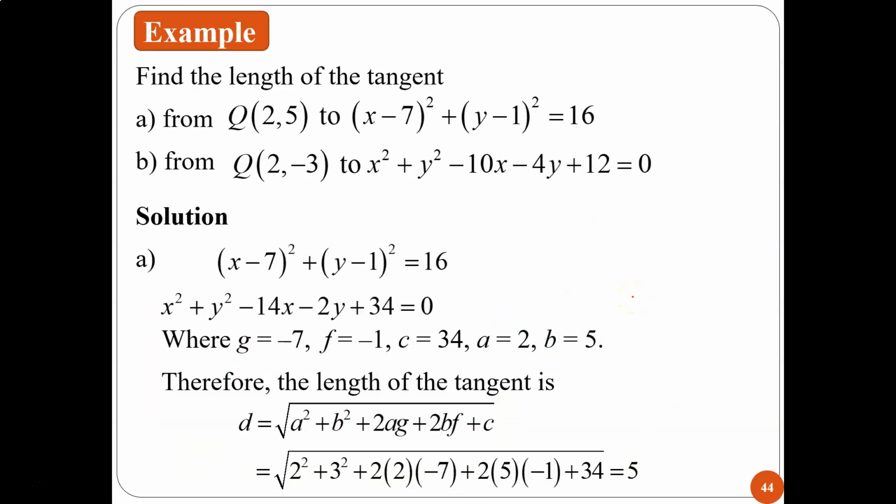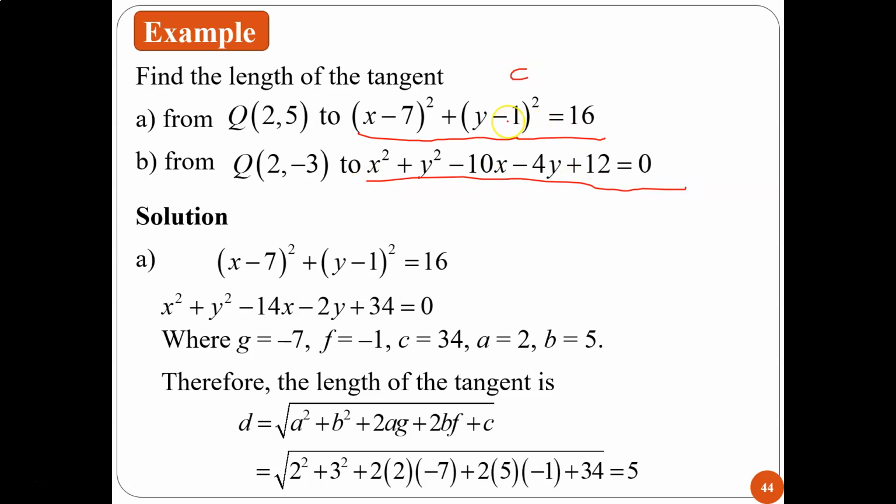Okay, find the length, example, find the length of the tangent from Q to this circle equal to 16. And second one, from Q, this point, to a circle. This is a circle. This is a circle. Both are circles.